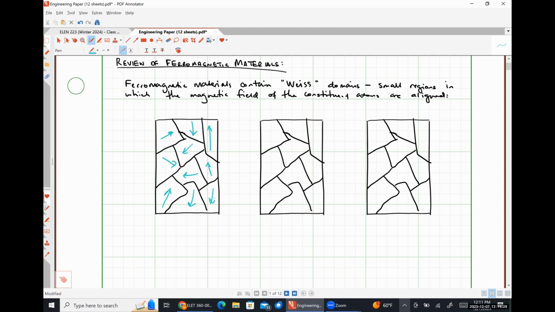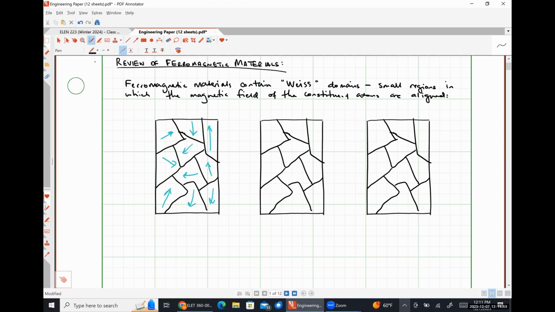direction, okay? Now, if our ferromagnetic material is subjected to an external field, the atoms in the material will tend to align themselves in the same direction as the external field, which is going to increase the amount of flux that's passing through the material, okay?